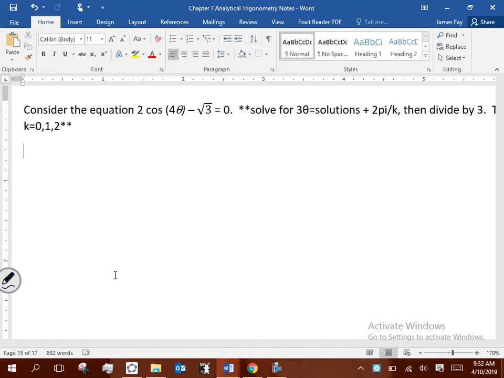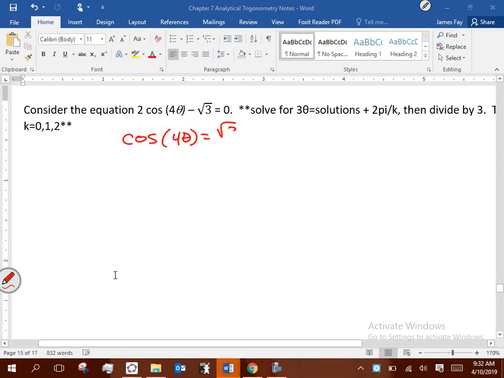So cosine of 4 theta equals √3 over 2. So then 4 theta, our angle, and again, this is where we don't really care that it's 4 theta right now, our angle is going to equal radical 3 over 2 at what x value? Or sorry, the x value is radical 3 over 2 at what angle? Okay, 30 degrees.